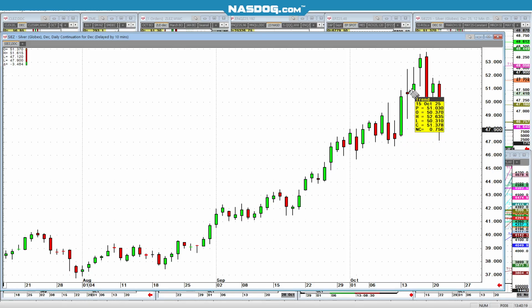Here, you can see it's tiny red, so we opened here and then closed just a hair under, but in the meantime, we had this big, huge range this day. 52 and a half to 48 in the goats. Okay, so that's 9. What was it? 350, 375. So almost a $4 rally.